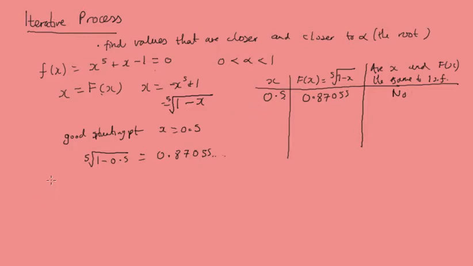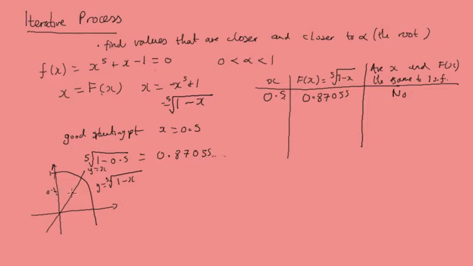Now what we could do is graph these two functions. So we've got y equals x, and here we've got y equals the fifth root of 1 minus x. This is 1, and here's 0.5.